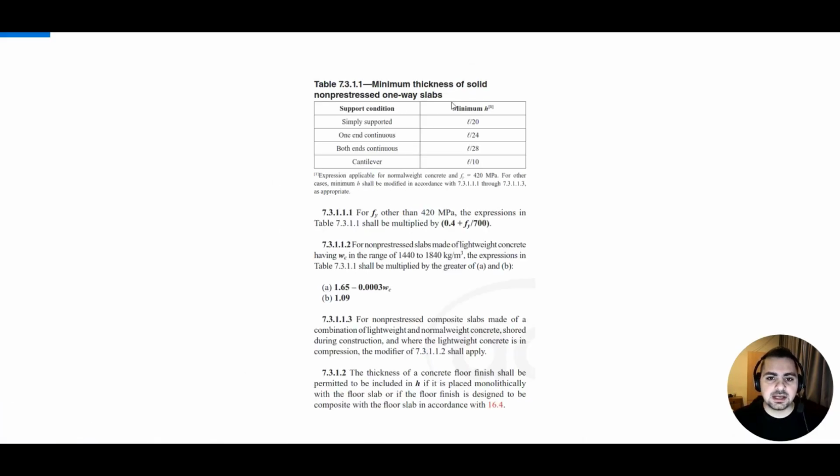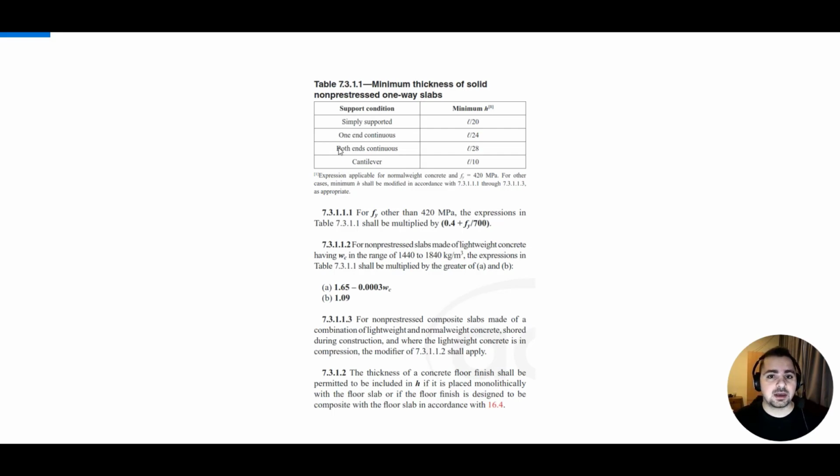This is the ACI table for minimum thickness of solid non-prestressed one-way slabs. We are going to use this table to find the thickness of our staircase. The ACI code asks about our support condition: is it simply supported, one end continuous, both ends continuous, or a cantilever? We have to determine the support condition of the staircase in order to determine the preliminary thickness.